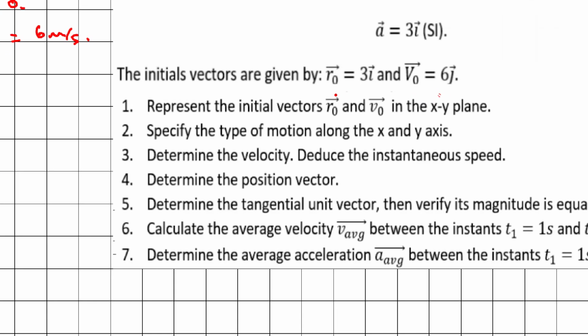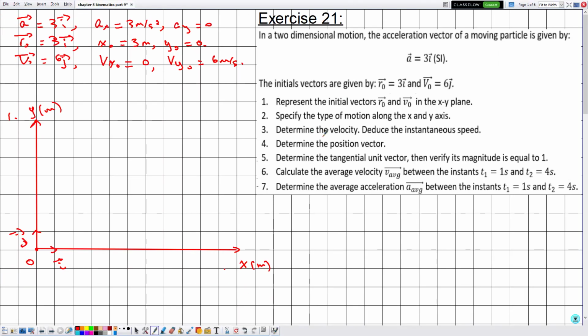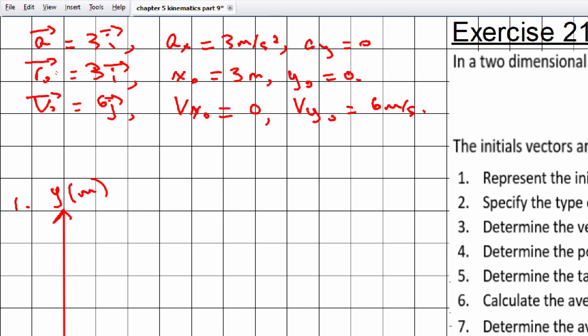So notice that in order to represent any vector in a coordinate system, we need to take into consideration its point of application and the head of the vector. Always the point of application of any position vector is the origin O. Now as for the head of the vector, it is determined by the point (3, 0).